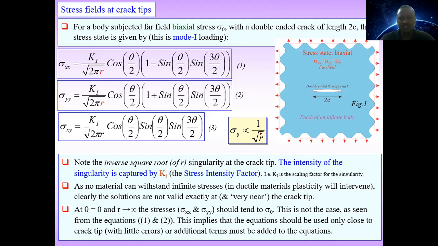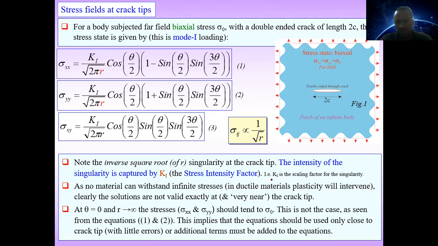So sigma ij is proportional to 1 over radical of r. Okay, so the inverse square root of r, that is the singularity at the crack tip. The intensity of the singularity is captured by Ki, the stress intensity factor.